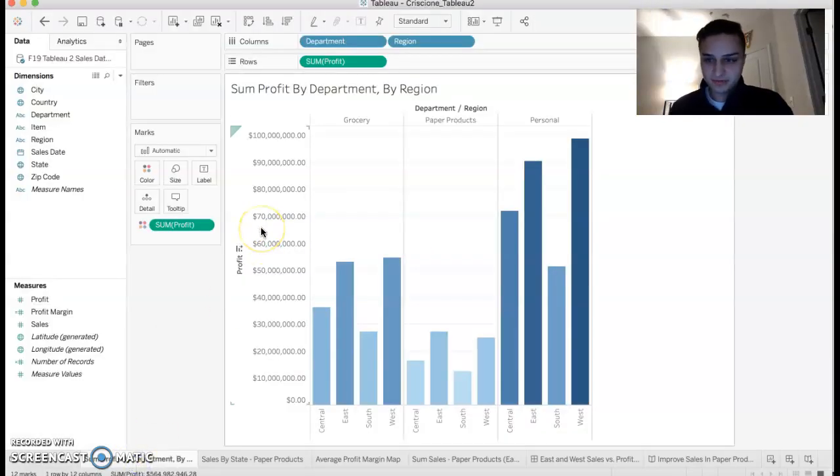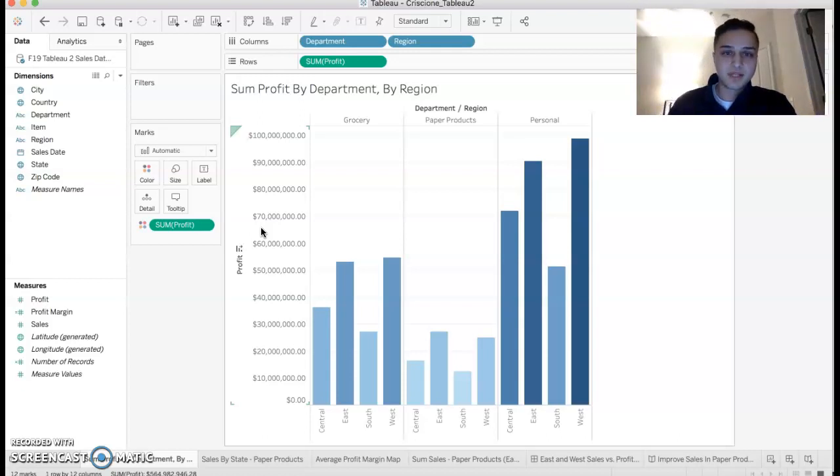So now we're gonna flip to the first page, and this is the sum profit by department by region. The first sheet shows sum of profits by department, that is then broken down into regions. As you can see, you have each specific department as grocery, paper products, and personal.